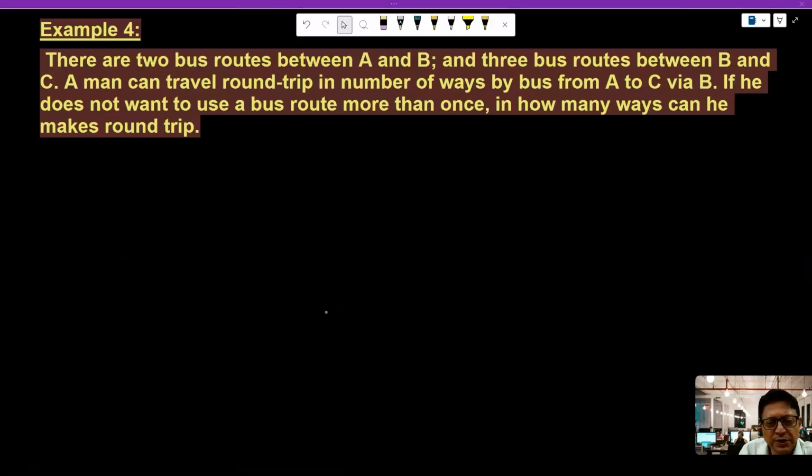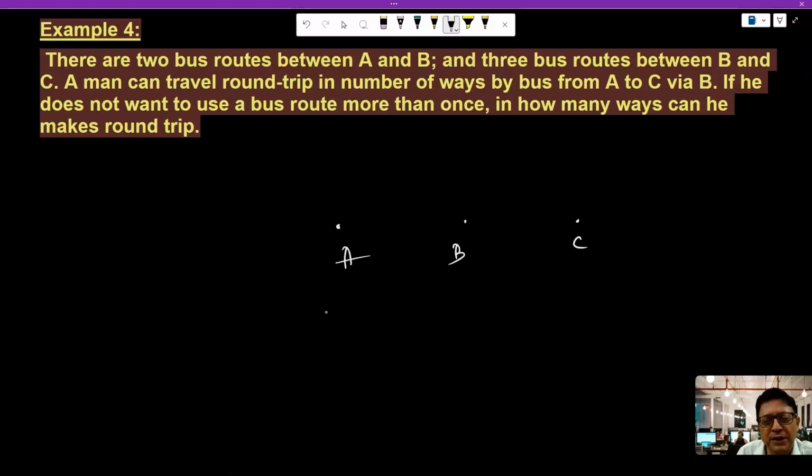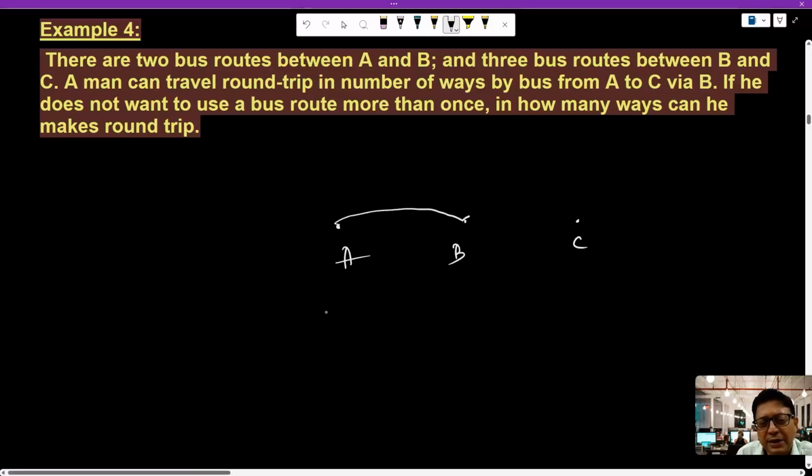There are 2 bus routes between A and B and 3 between B and C. A man can travel round trip in a number of ways from A to C via B. Two routes between A and B, 3 between B and C. He does not want to use a bus route more than once.